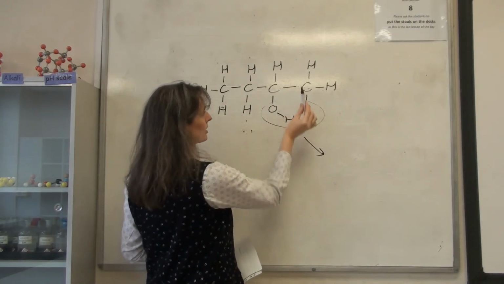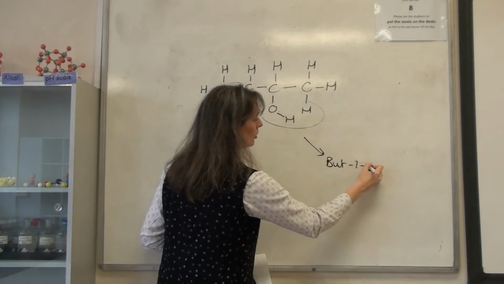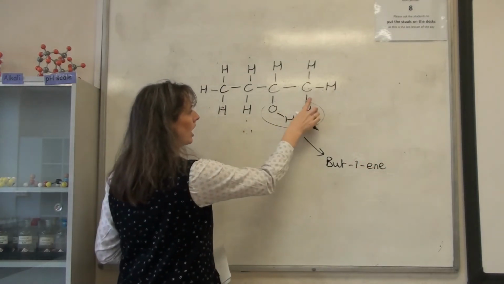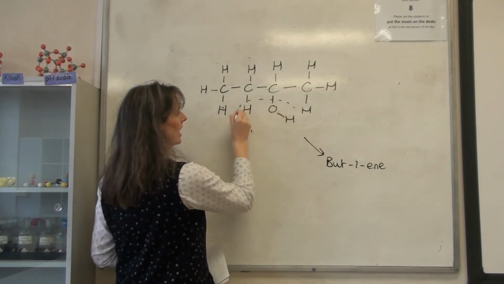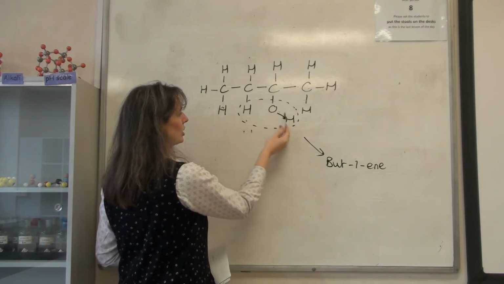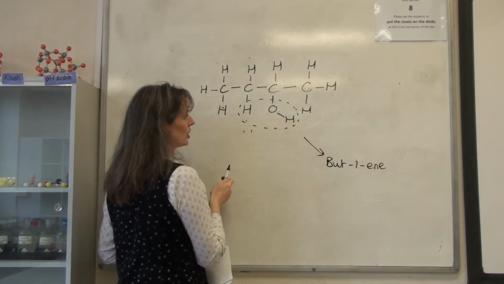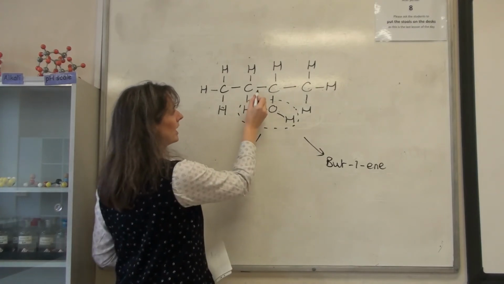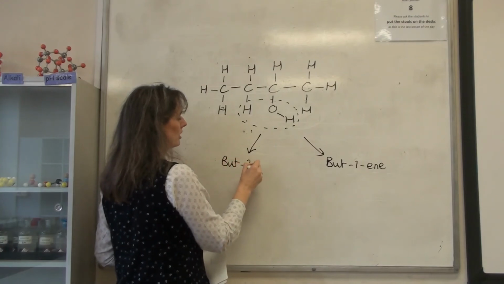So I would put my double bond in there and therefore form but-1-ene. However, I also have the possibility of taking away the H and OH from this side of the OH and forming a double bond in here, which of course would form but-2-ene.